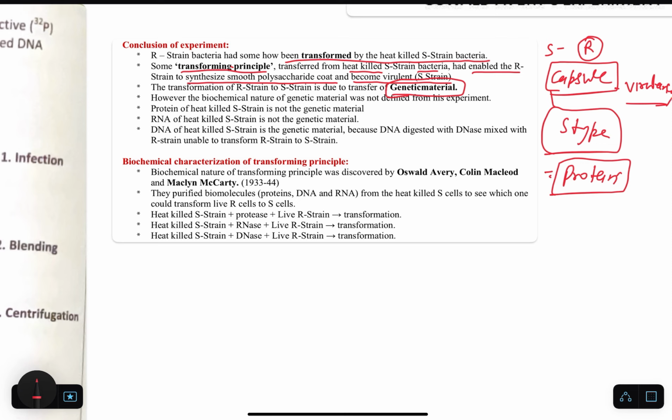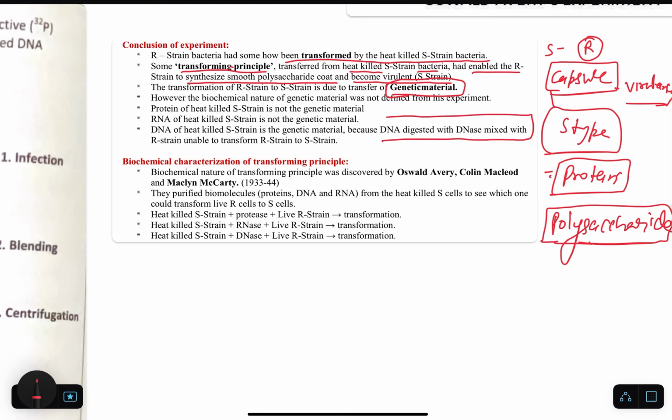However, this capsule is made up of polysaccharides, so he concluded that maybe this creates a polysaccharide coat over the R type, and it acquires the property of virulence. However, this experiment did not conclude whether it is the genetic material or not.